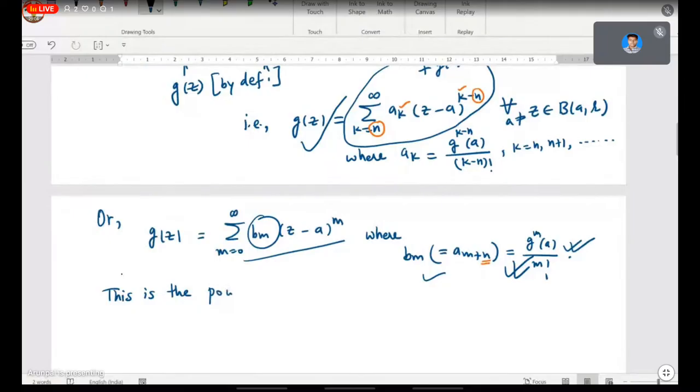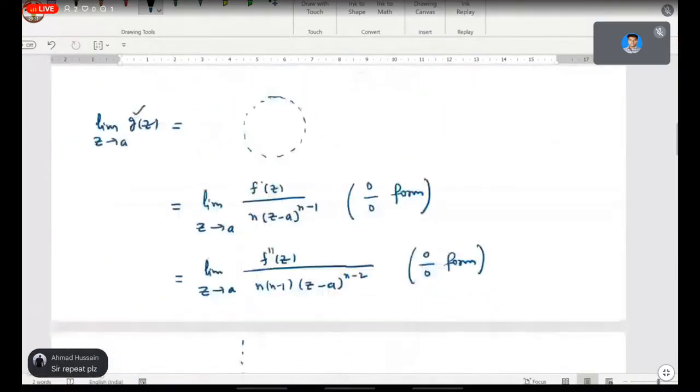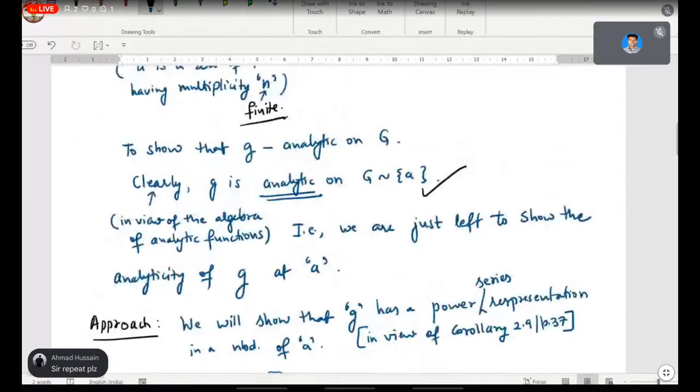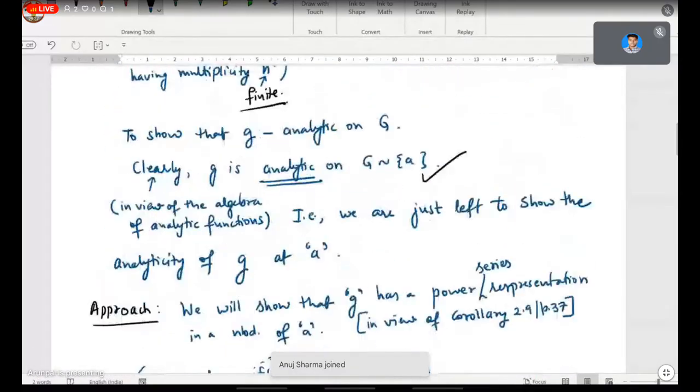So this is the power series of g on the ball, and now we are done. This is exactly where we started. Once we have shown that g has a power series on this open ball, this was our approach.